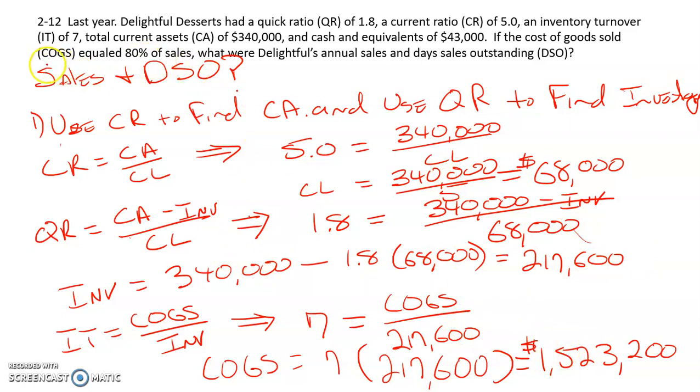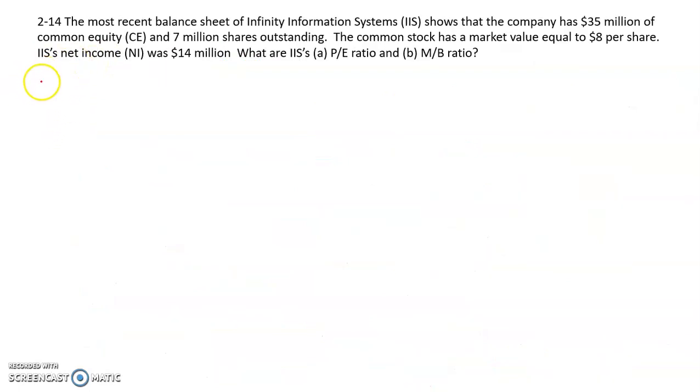So we'll go to the next page, but we know that cost of goods sold is 80% of sales. We see that up here. So cost of goods sold is sales times 80%, 0.8.